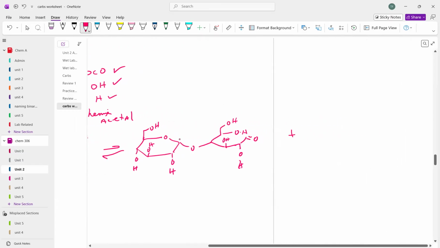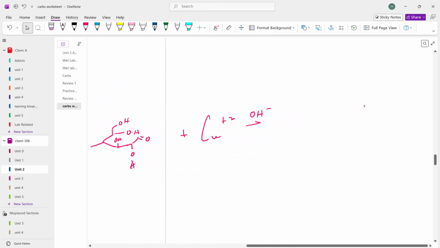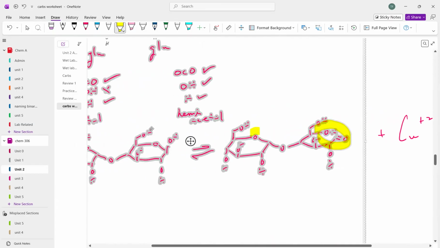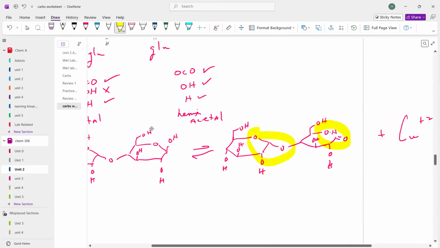So we're going to add copper +2 in a basic environment. So now this part over here is what's going to become oxidized. This part cannot be touched because it's not a hemiacetal.